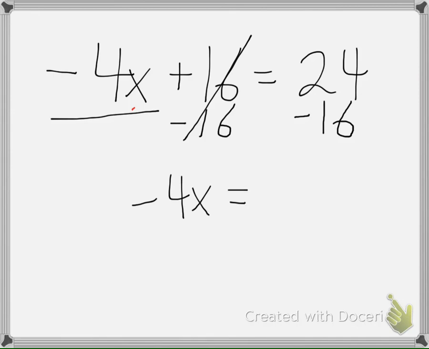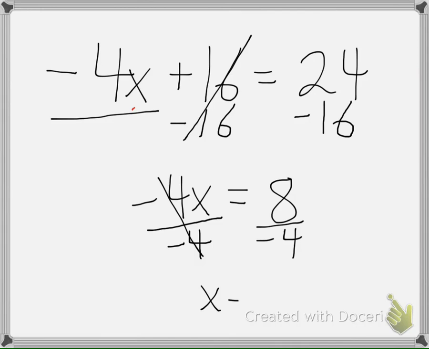And on the right-hand side, 24 minus 16 gives me 8. And then I have a one-step equation. This is multiplication, so to solve I need to divide. I multiply by negative 4, so I divide by negative 4 on both sides. And I get x equals 8 divided by negative 4, opposite sign, so it'll be negative 2.